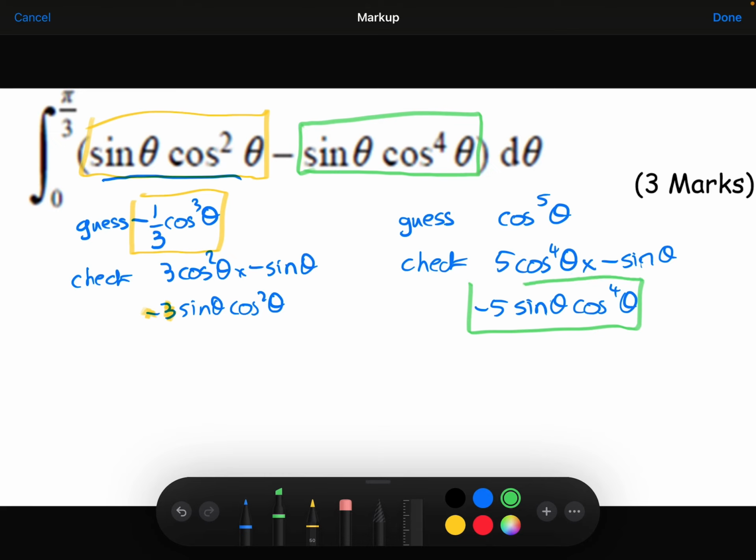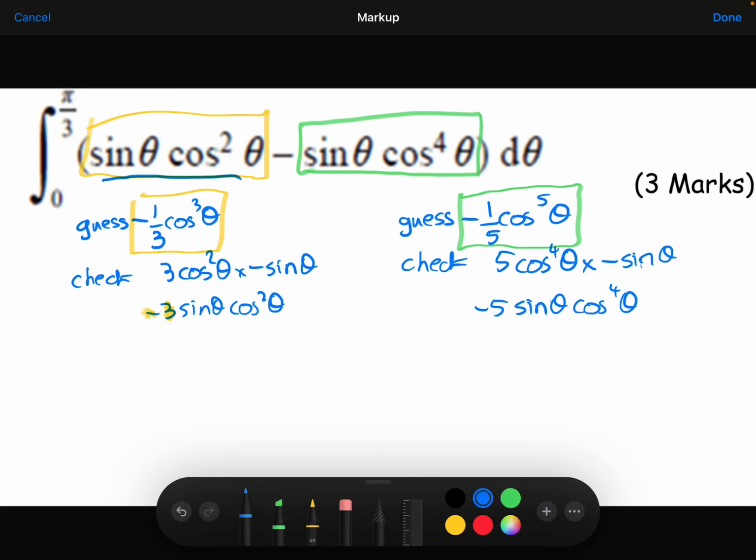Comparing that to what we started with, you can see that it is 5 times too big, and we've got a minus. So I need to divide my guess by 5 and put a minus. And now I know that that green box there is integrated to be the minus 1/5 cos theta to the power 5.